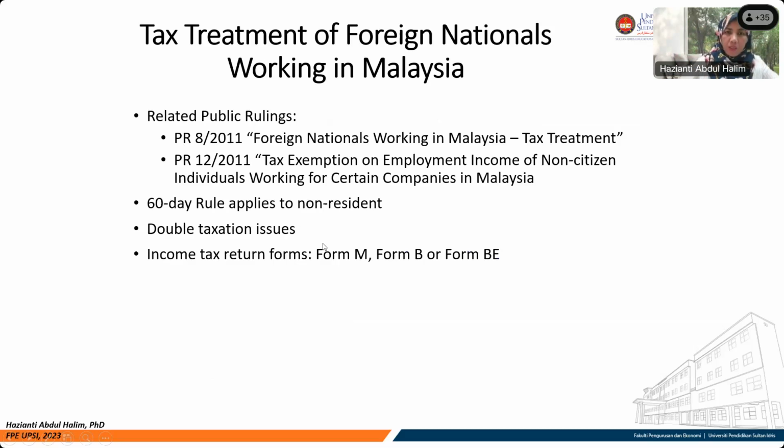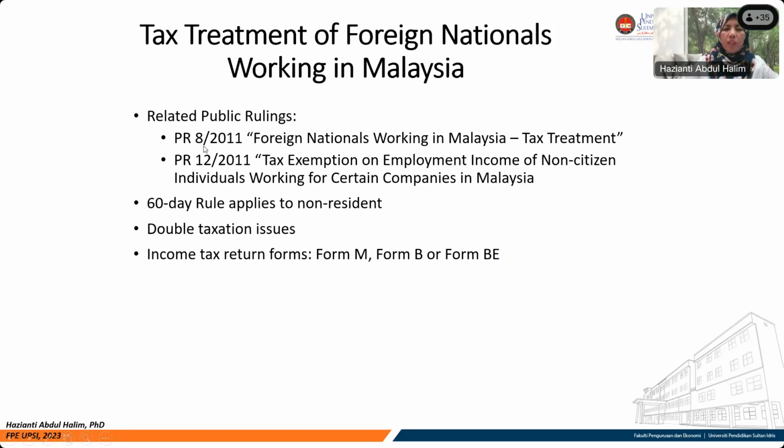Alright, tax treatment ini foreign national, ini kita dah tengok lah for 60-day rule tadi, which means you can refer juga dekat note yang resident status kita tu. So you can see kalau kerja less than 60 days, the person will not be taxable in Malaysian tax law lah, sebab dia kerja less than 60 days.